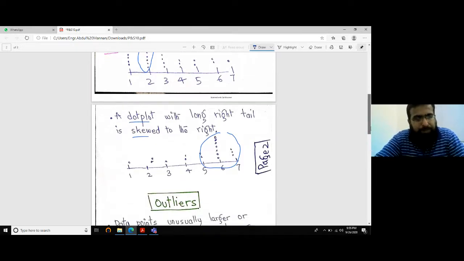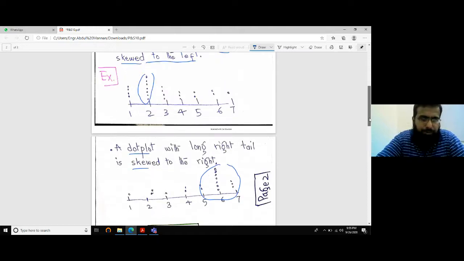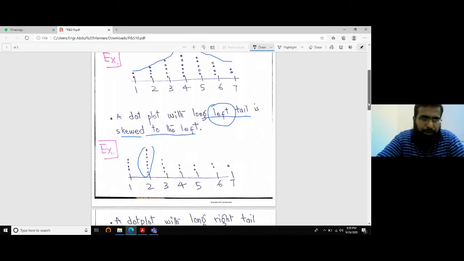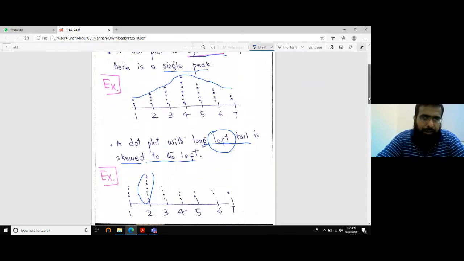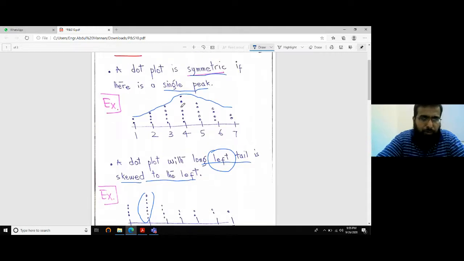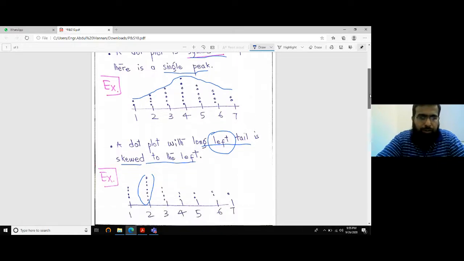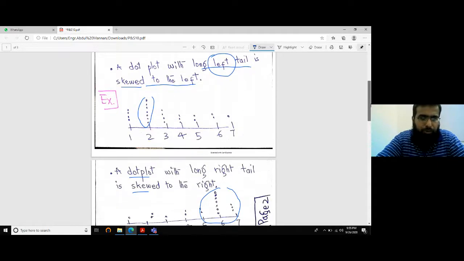So the data can be skewed either to the left or to the right, and the other type of plot is symmetric, where there is only one peak and the data to the left is almost identical to the data on the right side of the peak. But that is not the case when we have data skewed to the left or skewed to the right.